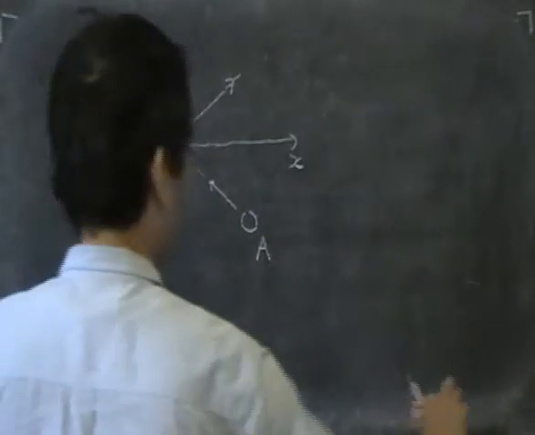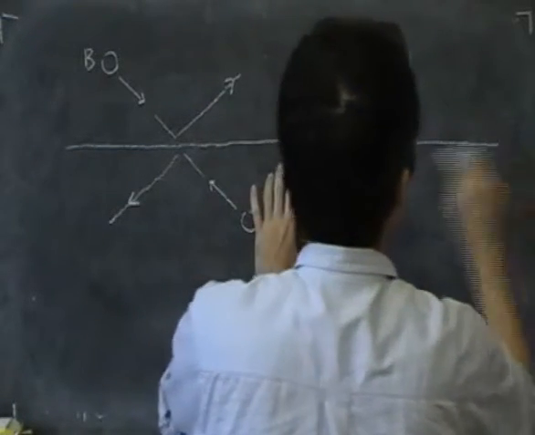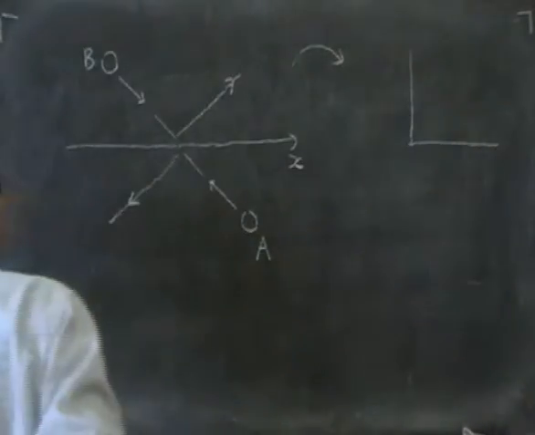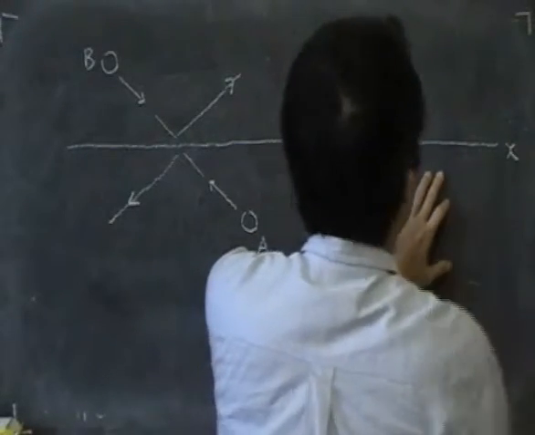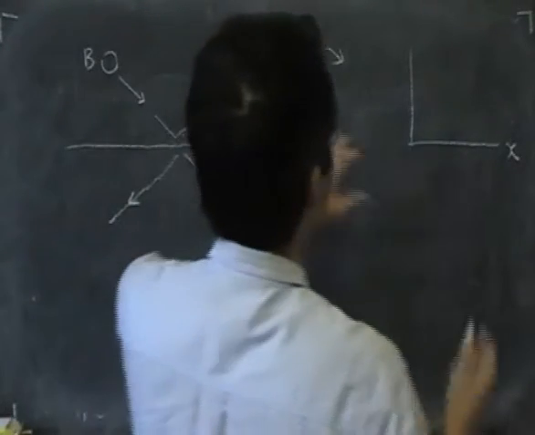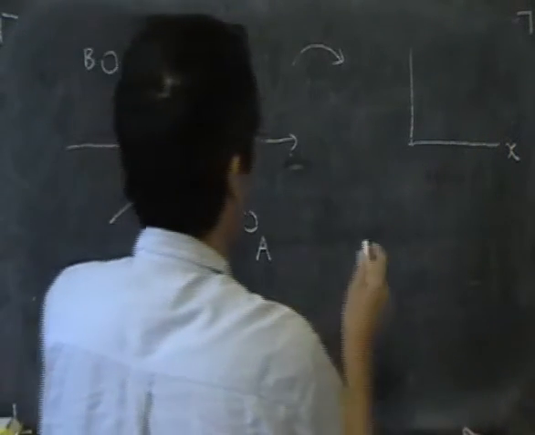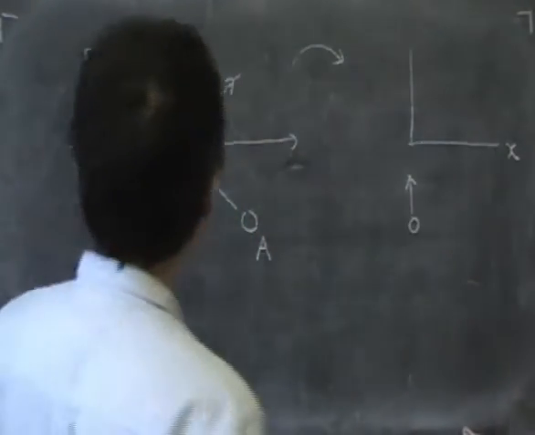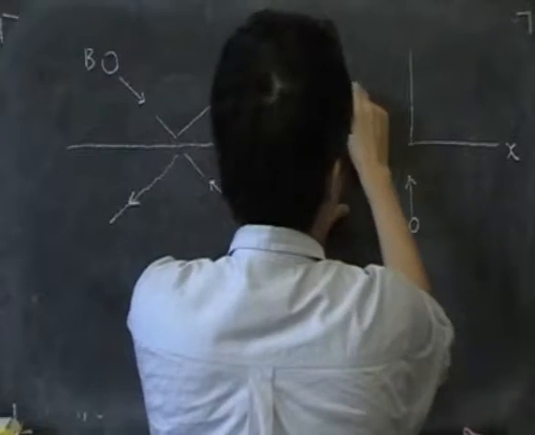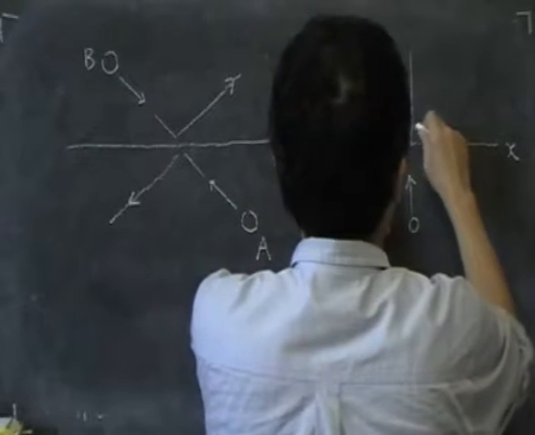So let me change my frame of reference. In this frame of reference, ball A will be moving up, and ball B will be moving to the right more quickly, but of course they will still collide.